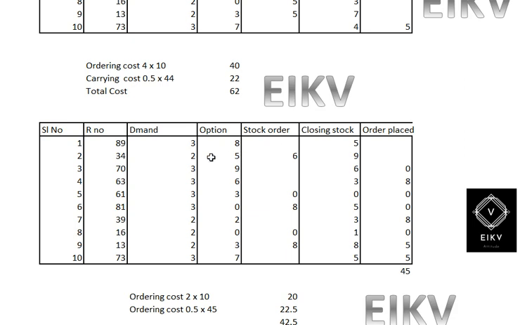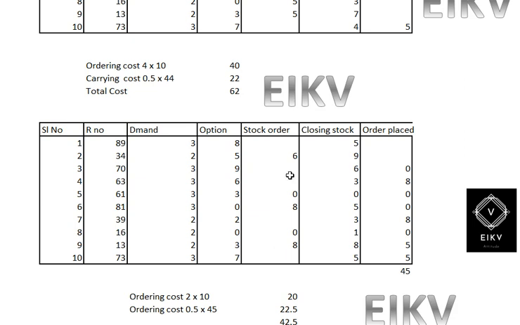On the next day 2 is the demand, and on the same day there will be a delivery of 6 books. Closing stock will be 5 plus 6 minus 2, that is 9. So which is the opening stock on the third day. The demand of the third day will be 3. Therefore the closing stock will be 9 minus 3, which is 6.